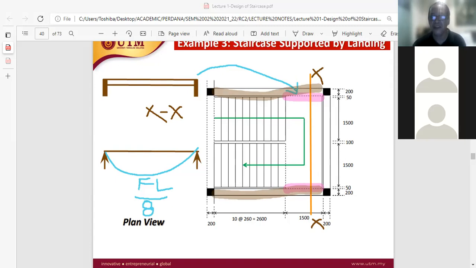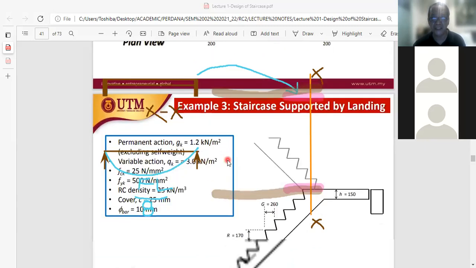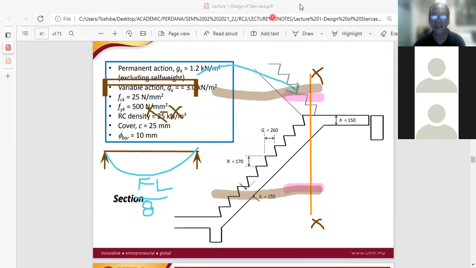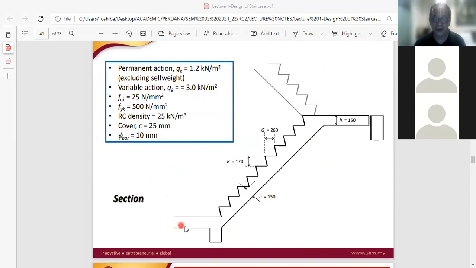Now, if we were, saya savekan dulu. Kalau kita tengok pula pada dia punya cross section view, which is the lower diagram sini, clear? Okay. Kita dapati bahawa we will find out, from the sketch given, one thing is that there is clearly a gap between this landing dengan the beam at the end of the landing.